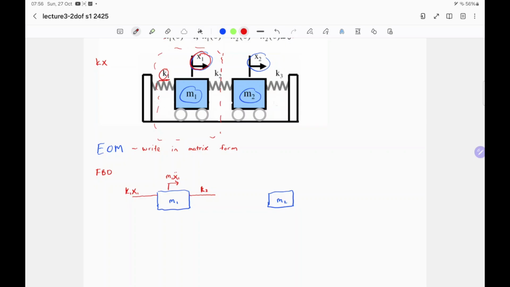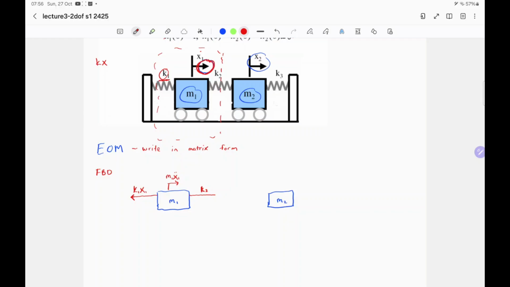As for the direction, since we know that x1 is moving to the right hand side, K1 x1 will try to resist the motion of mass 1. So the direction will be opposite to the motion of mass 1: mass 1 is moving to the right, so K1 x1 will go to the left.